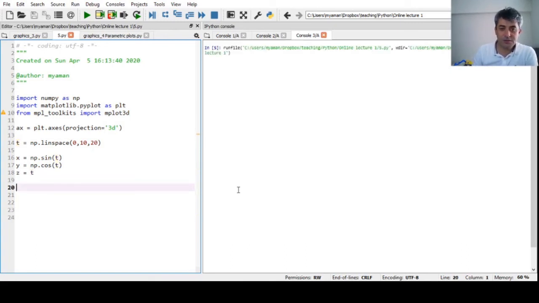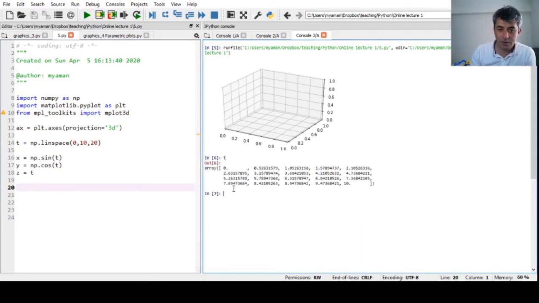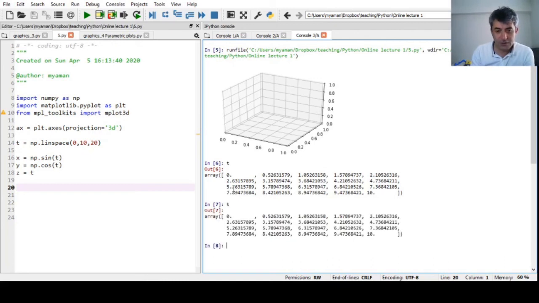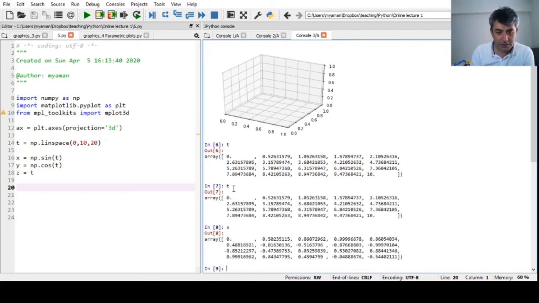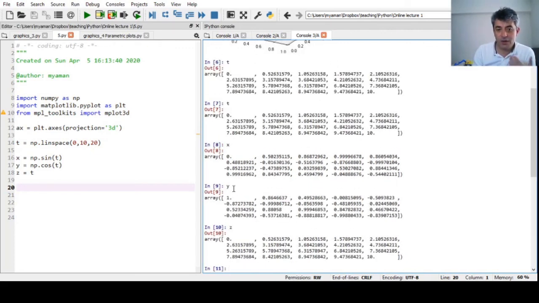So if I run this part, I don't have my particle over there, but I want to first show you the arrays. This is the T array, maybe I can make this a little larger. T, X, Y, and Z. So I have X coordinates, Y coordinates, and Z coordinates of the particle, 20 coordinates corresponding to time.